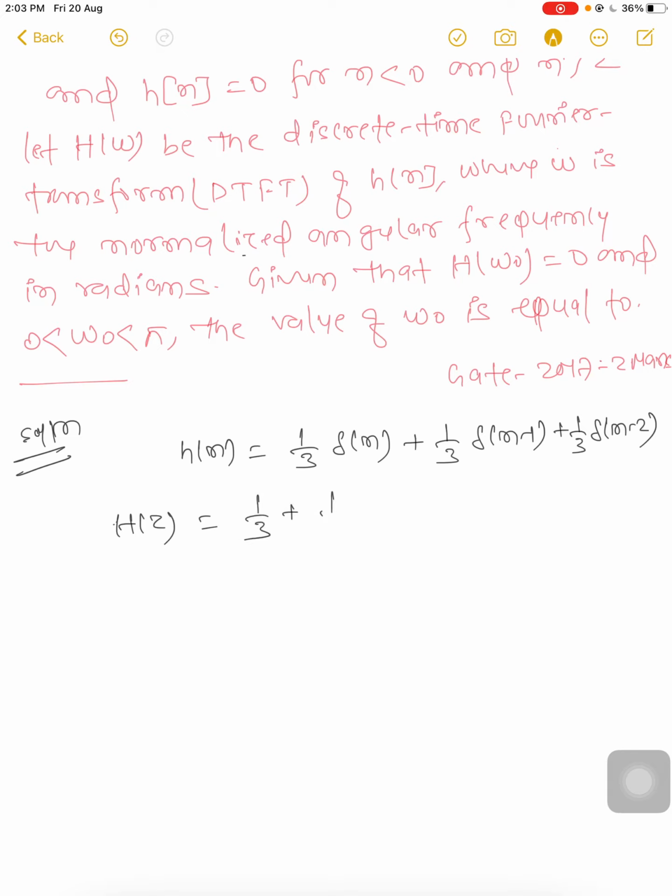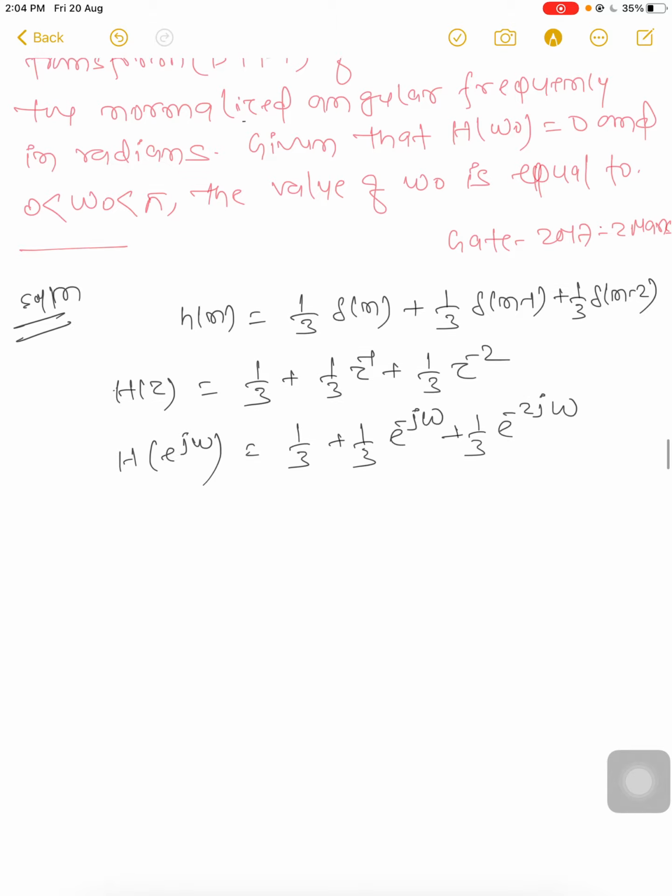What will happen? 1/3 plus 1/3 z^-1 plus 1/3 z^-2. Okay, and take the Fourier transform, H(e^jω) = 1/3 plus 1/3 e^-jω plus 1/3 e^-2jω.